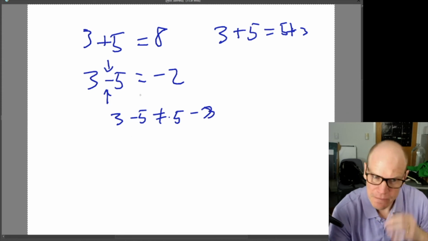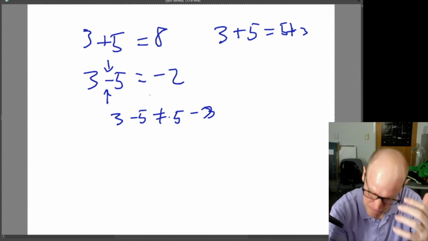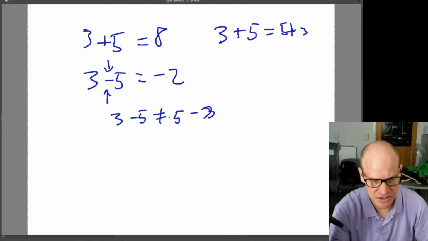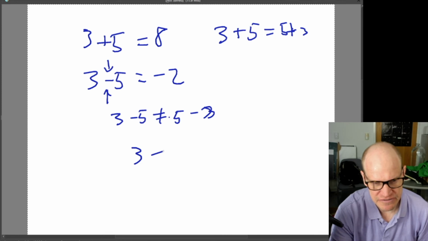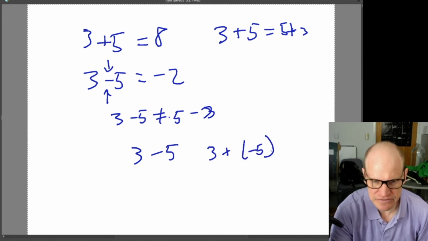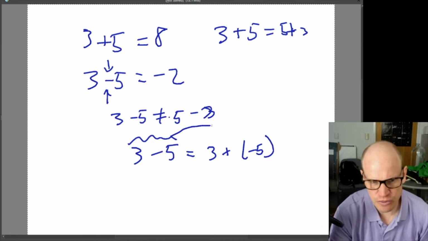So one of the mistakes that people often make, or one of the things that would help many people, including my kids as they've gone through this, is to just recognize that 3 minus 5 is actually 3 plus negative 5. So now you've taken it from an expression that involves a non-commutative operation, and you're transforming it to an expression that involves a commutative operation.